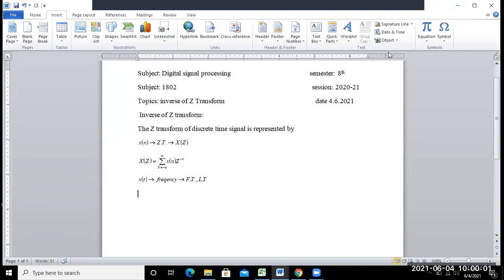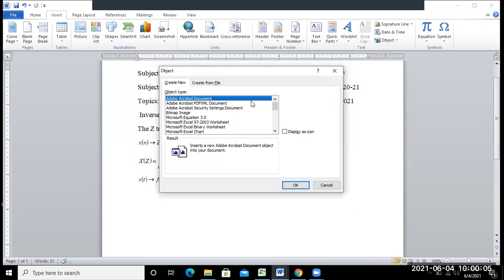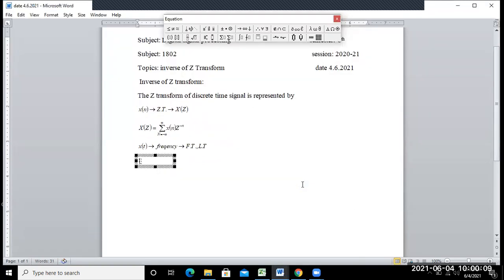The discrete time signal xn can be converted into frequency domain by the discrete Fourier transform or Z transform.